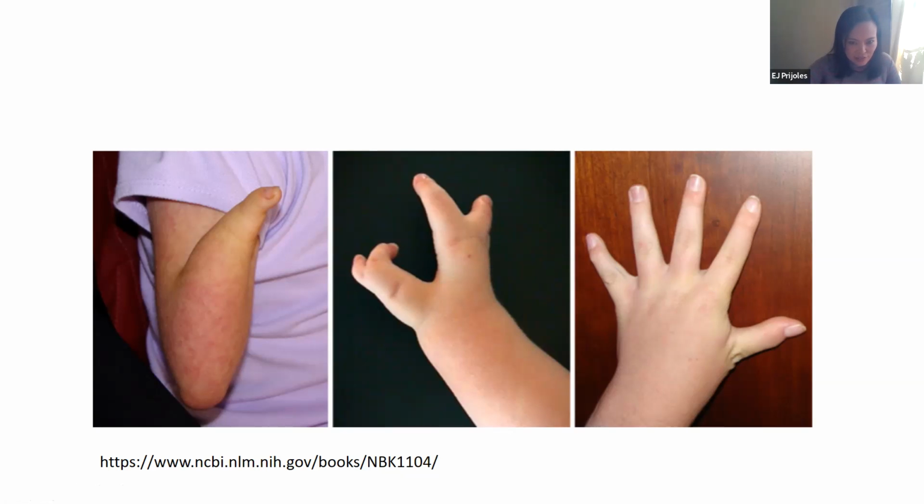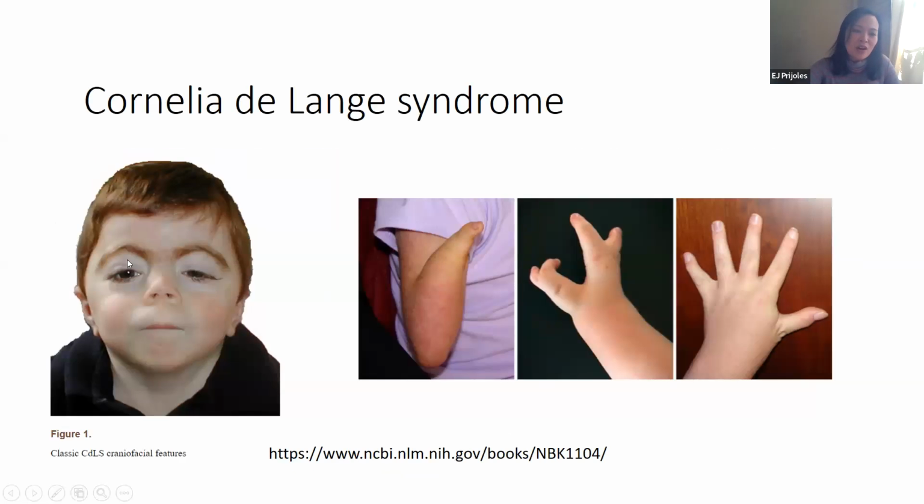But if you see these features along with facial features like this, where there may be synophrys or generalized hirsutism, long thick lashes, a short upturned anteverted nose, and a thin upper lip, Cornelia de Lange is a condition that we think of, with failure to thrive and some of these other physical features.